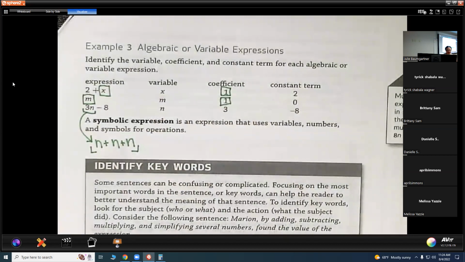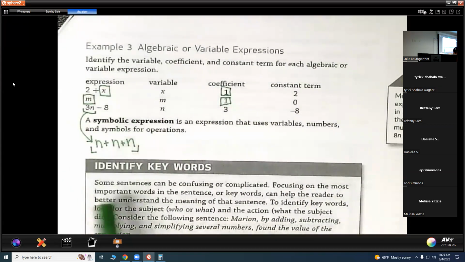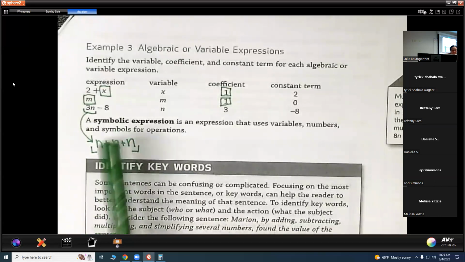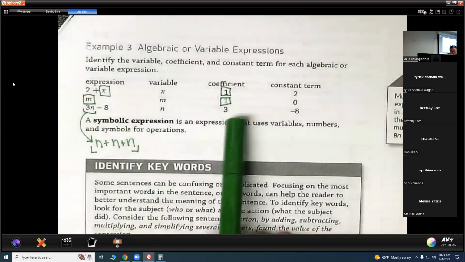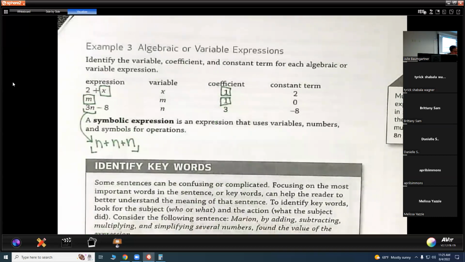So hopefully when you look at your expressions, you look at where your variables are. If it has a coefficient, that means we have 3 n's, n plus n plus n. If we have one variable, it's just 1. Okay, so hopefully that feels good.